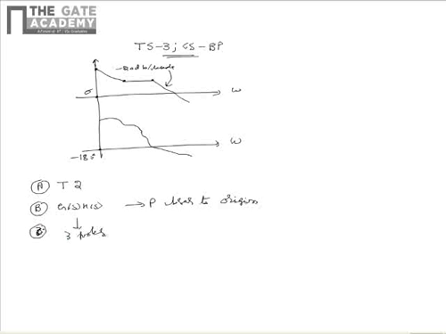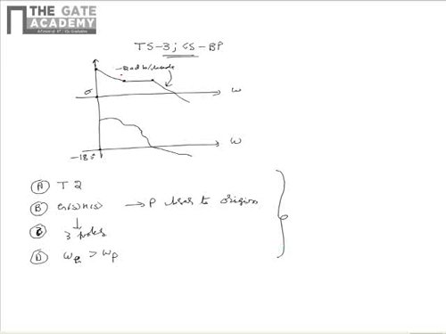And option D says that the gain crossover frequency omega g is greater than the phase crossover frequency omega p. We need to find the correct option out of these 4.